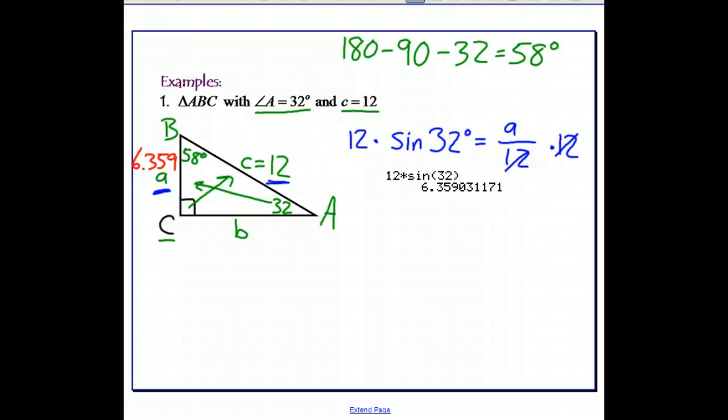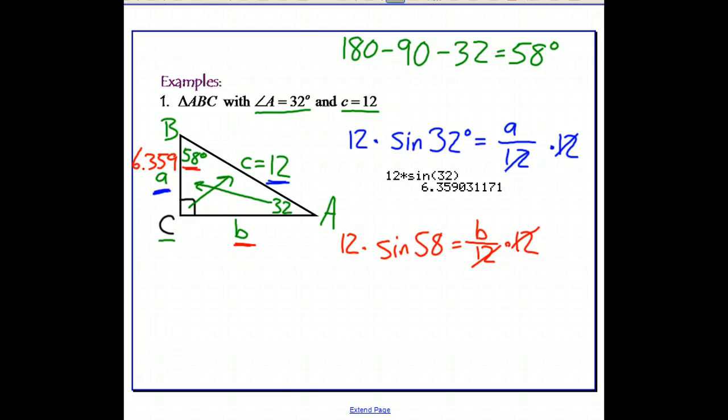Now, the way that I'm going to do this is I'm going to say, hey, I know angle B is 58 degrees, so I'm just going to do another sine. Sine of 58 equals our opposite, or side b, over our hypotenuse again. We'll multiply both sides by 12.